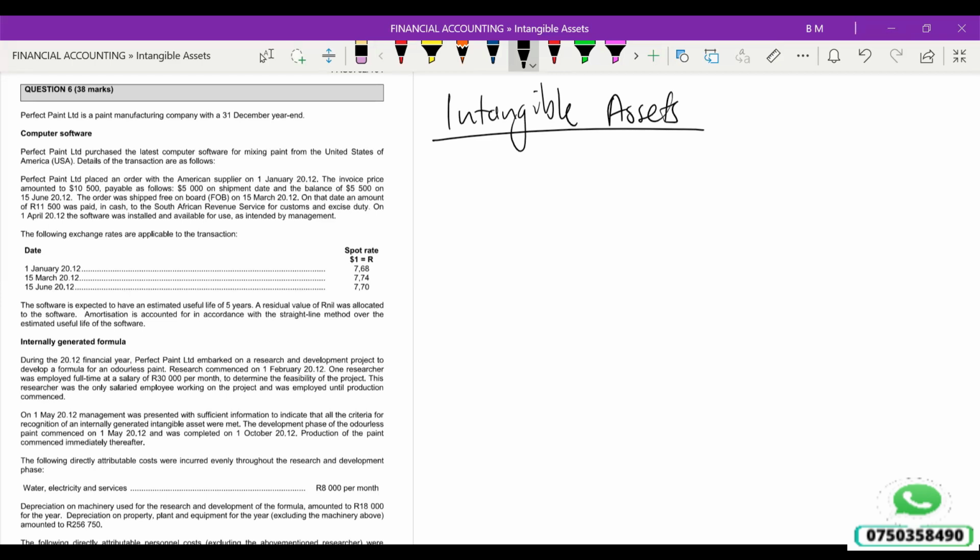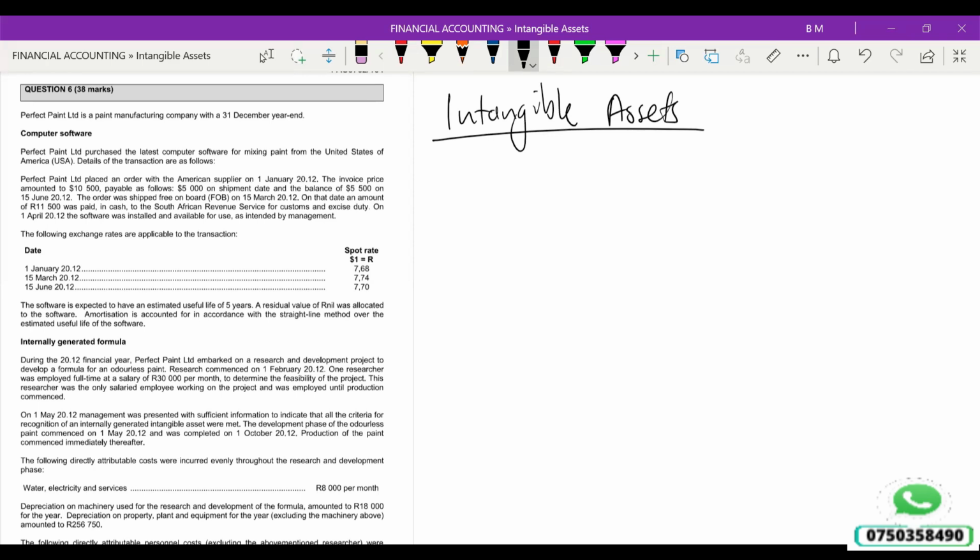In other words, when we purchase an asset from another country, how do we account for that asset in our books? So now we're going to have an asset that we purchase probably from another country, which probably is an intangible asset.